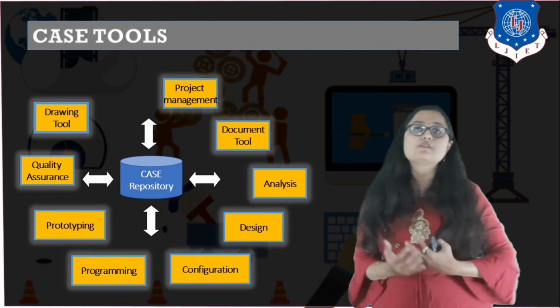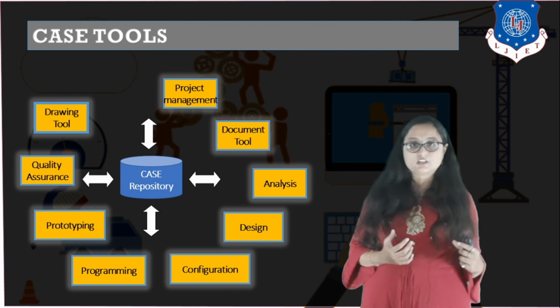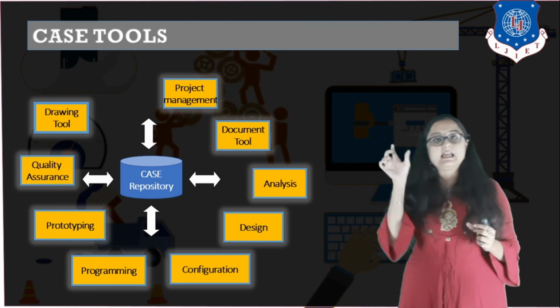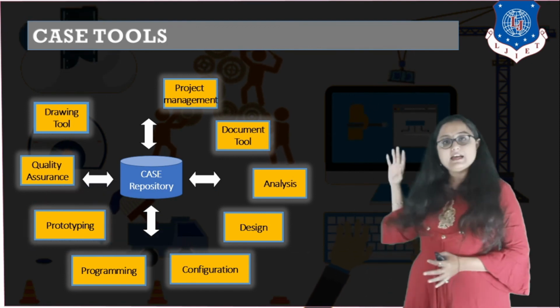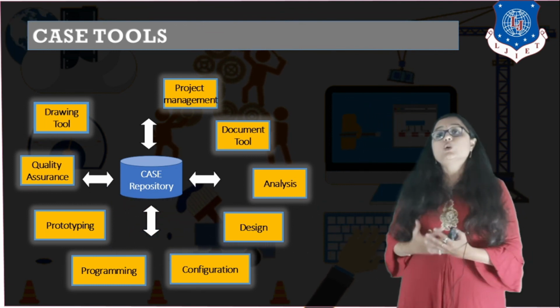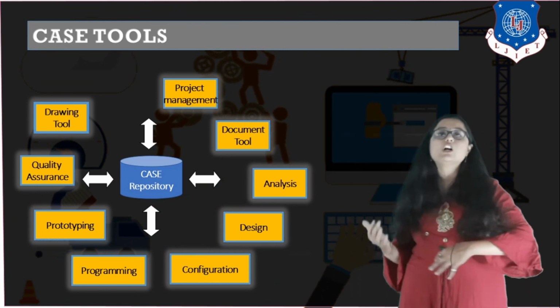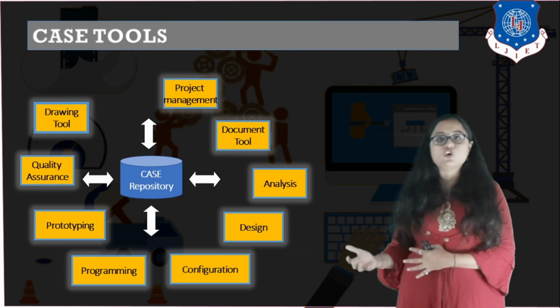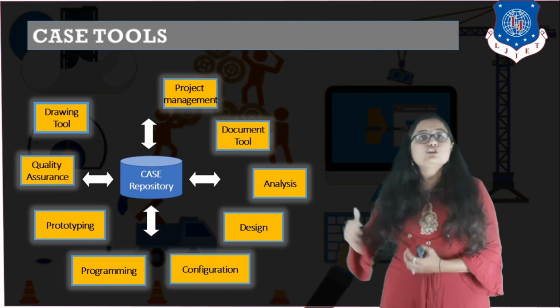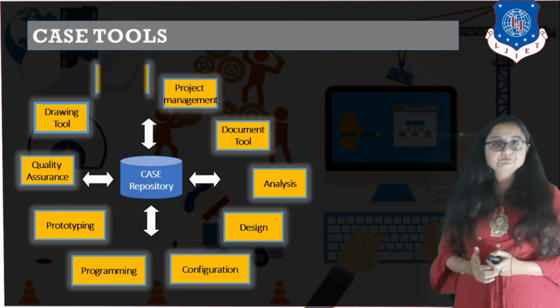For example, if I want to draw a use case diagram, I know the main symbols are an actor, the connector and the use case itself, right? If I am using a diagram tool, I will directly have those symbols. I can develop diagrams quicker using those tools instead of developing them in Word, Paint or PPT, right? So these are the tools that you can use for developing your diagrams.